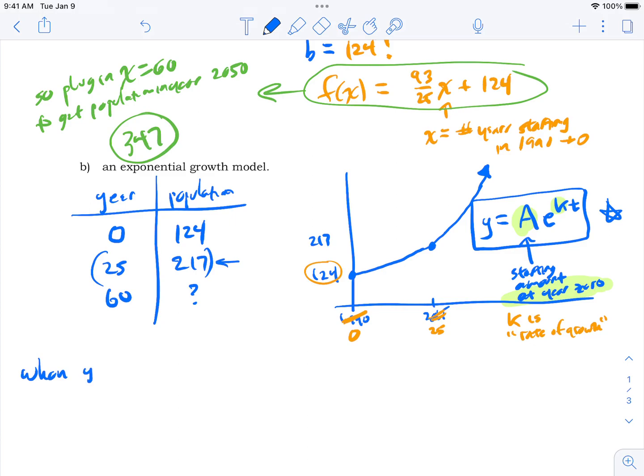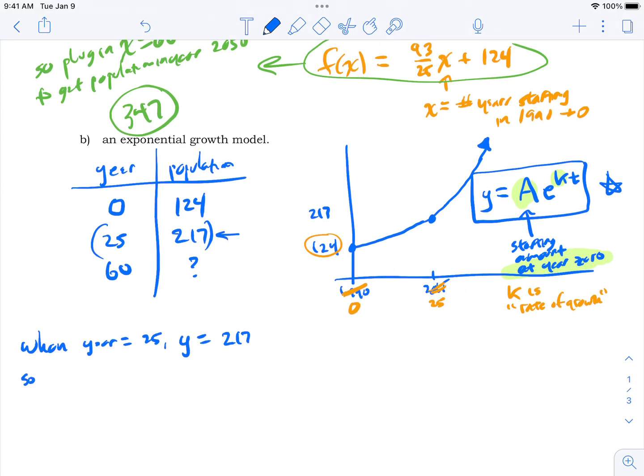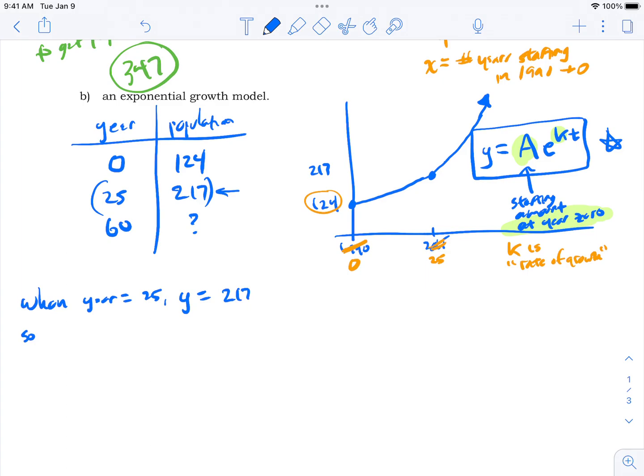When year equals 25, we're supposed to have y equals 217. So 217 is going to be A, which we already said is 124, the starting amount, times e to the k times t. Well, t is 25. So it's k times 25, which I'm going to write as 25 times k.